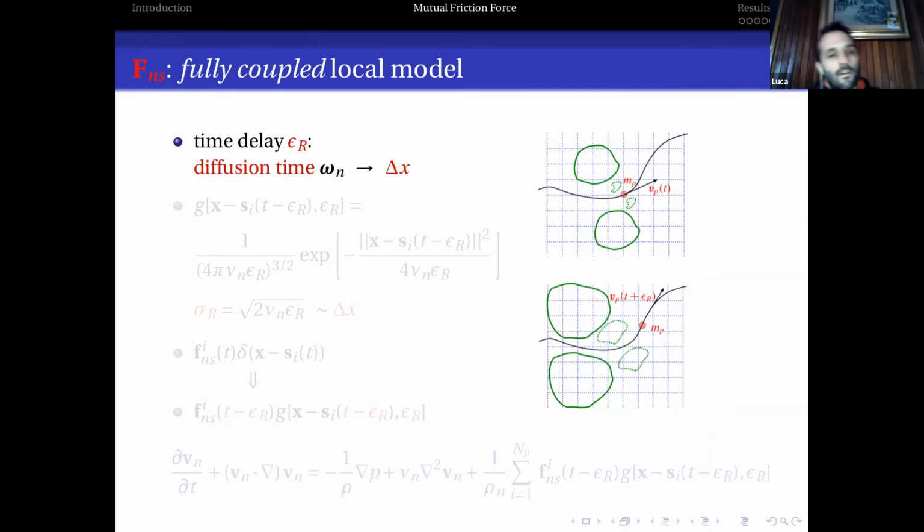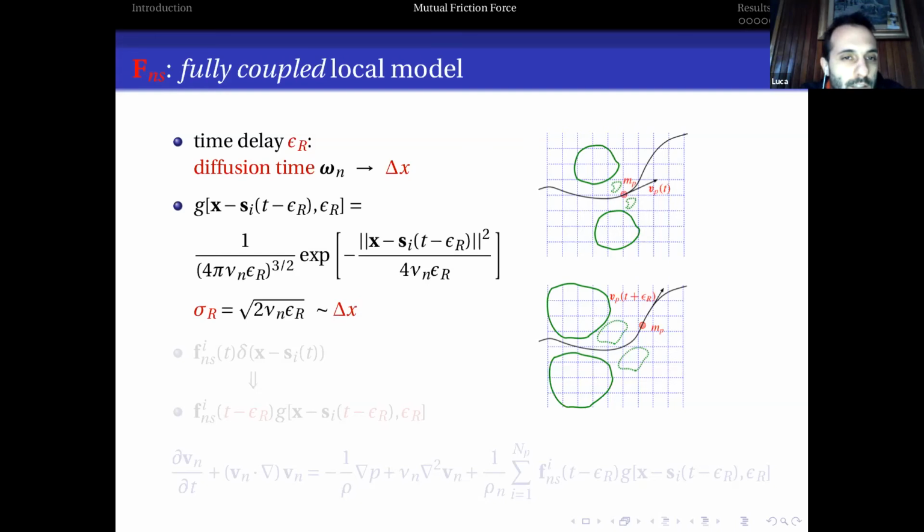Accordingly, following the approach developed in classical turbulence, we introduce a time delay epsilon r, which is the time it takes for the vorticity created by the moving superfluid vortex to diffuse to the smallest physically relevant length scale, the grid spacing.